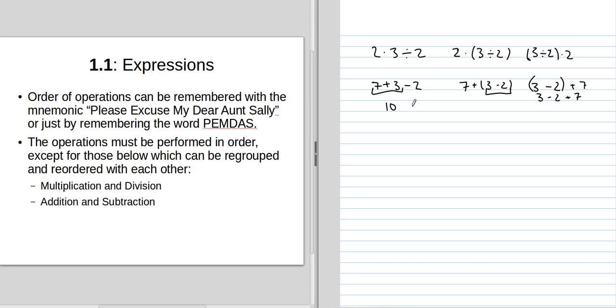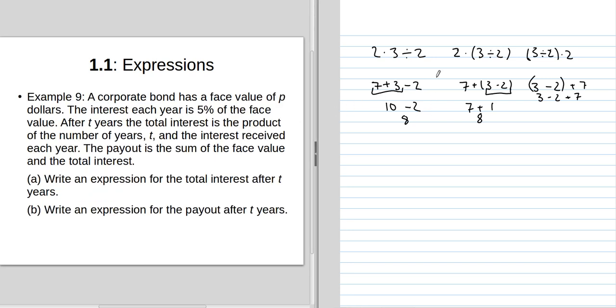For multiplication, and for addition and subtraction, it's not critical. But you can get the same answer by adding and subtracting in either order, and multiplying and dividing in either order. But we must first do any parentheses and then do any exponents before we do the multiplying and dividing. We must do any multiplying and dividing before doing any adding or subtracting, or we'll get the wrong result when we evaluate expressions. So let's do an example.